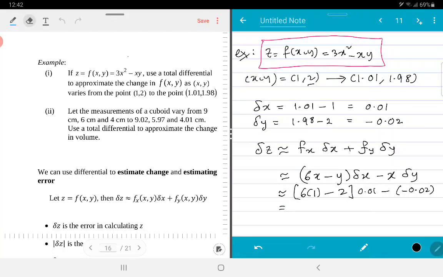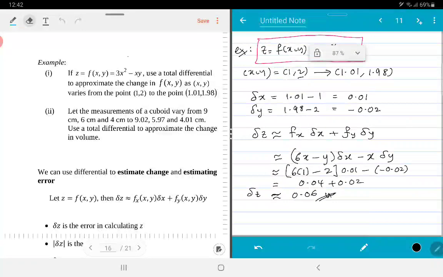From here we get 0.04 plus 0.02, which is approximately 0.06. That is the approximate change in z when x increases by 0.01 and y decreases by 0.02. So we use the partial derivative, the total differential, to calculate the approximate change in z.